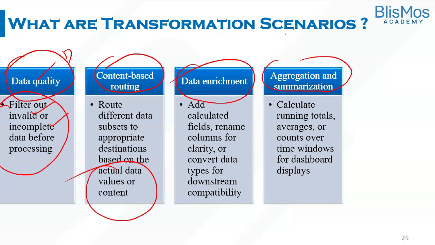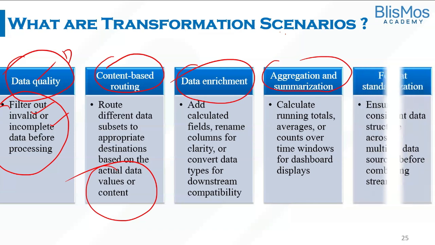All those come as a part of aggregation and summarization. Lastly, you would go for format standardization, like dates and so on. It can be anything. Sometimes some of these things cross over. For example, as a part of content-based routing, you may use format standardization. That's what I'm saying.